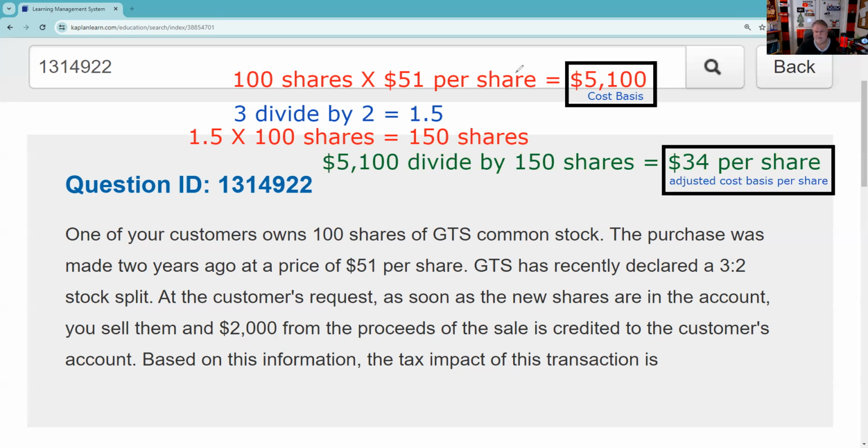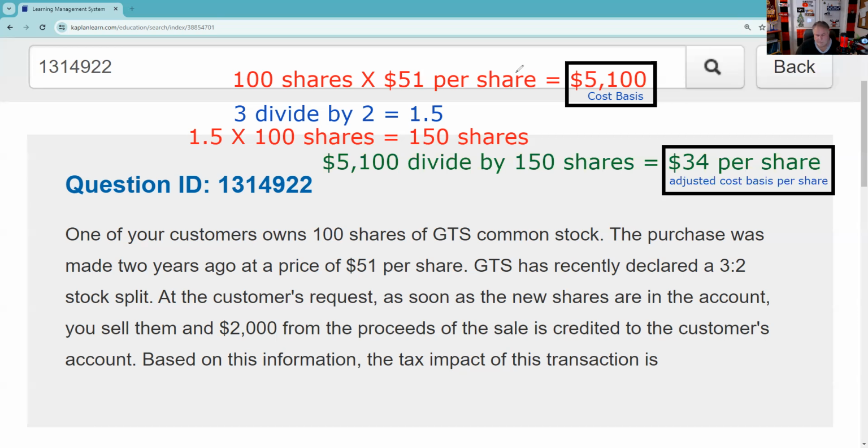Now, there's a couple ways to do the math. I think what I would have done here is got my adjusted cost base. I'd say, okay, I paid 5,100. I divide that by 150 shares and find out that's $34 per share is my adjusted cost base. The other way you could proceed is you could take the 2,000 and divide by 50 shares and find out what the sales proceeds per share is.